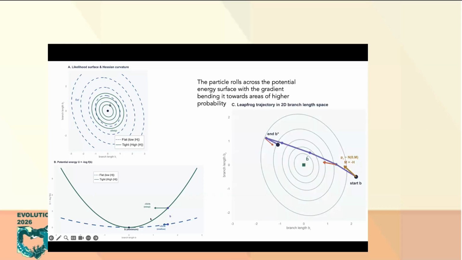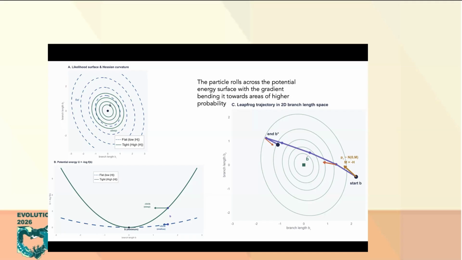In practice, you start at one point and then use a leapfrog approach, which says you get some momentum, you start your sampling, you do a half step, and then you calculate the gradient. The gradient tells you where along this curve you are, right? So if you're here, it's going to push you down, and if you're here, it's going to push you down here. It keeps you in areas of higher probability.